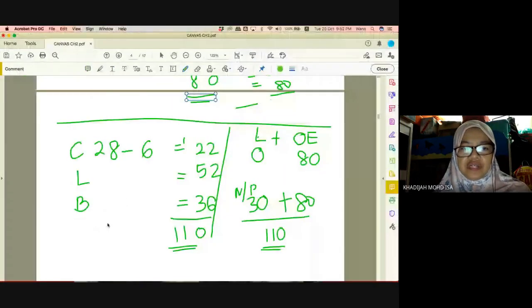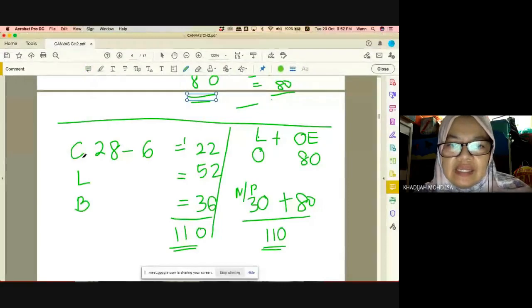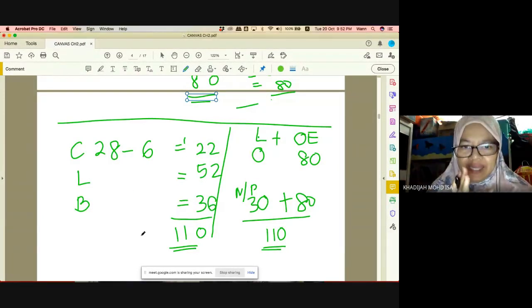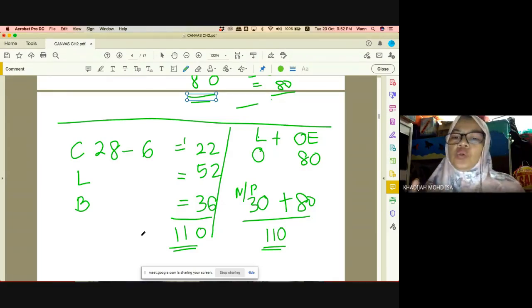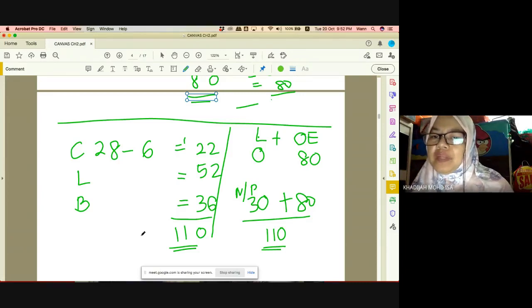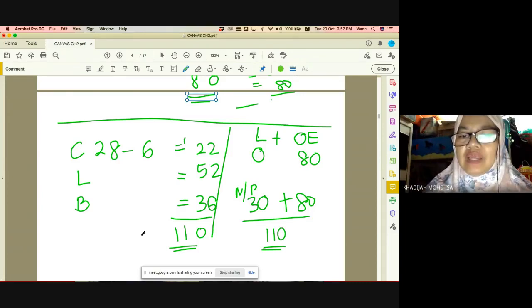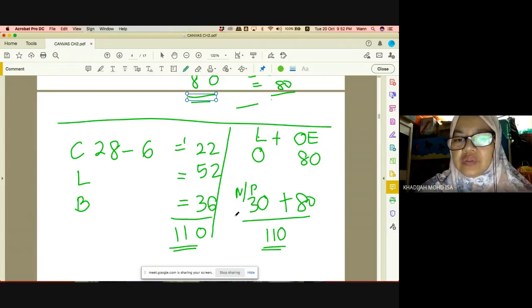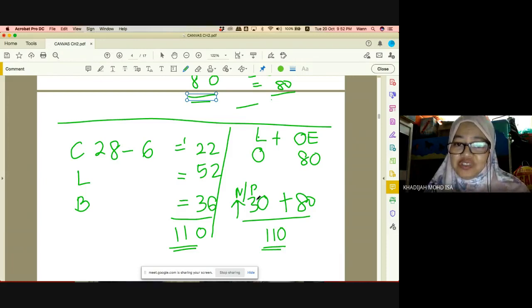So can you see the difference now? Cash decreases from 28 to 22. Land, no change. But the building increased by 36. There's a movement in the assets that gives a value of 110, and there's also movement in your liabilities plus OE, whereby there is an increase in liability of 30,000. So from every transaction, you must understand what is actually happening.